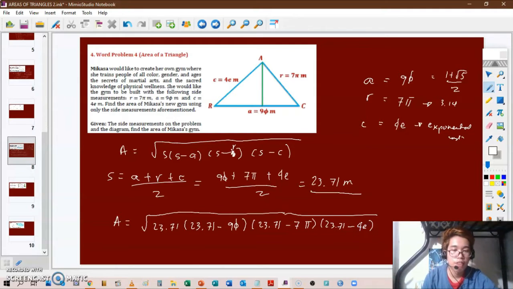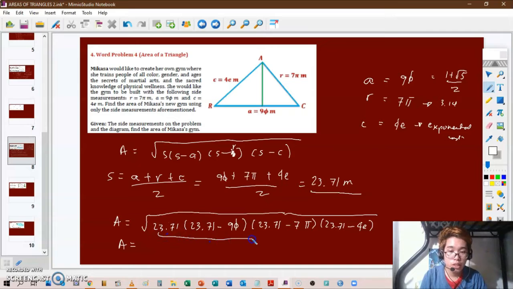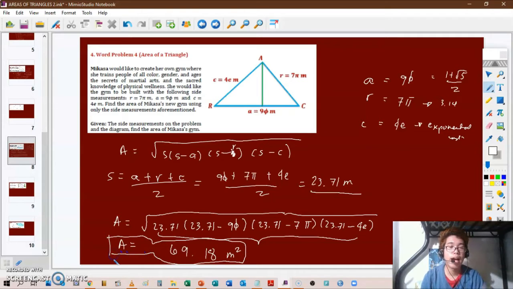When we evaluate this entire expression, it's going to give us an answer equal to 69.18 square meters. So this is the area of the triangle that we have here.